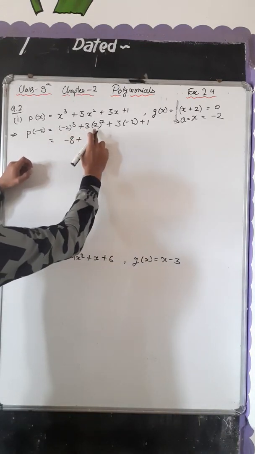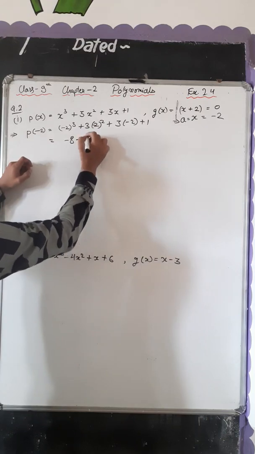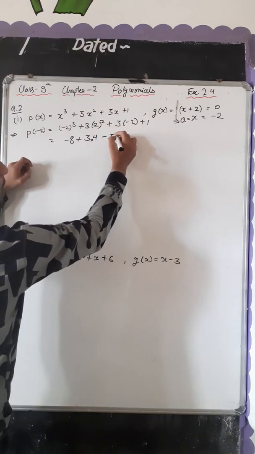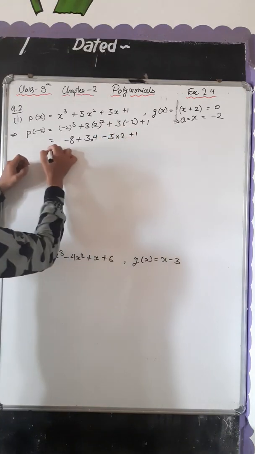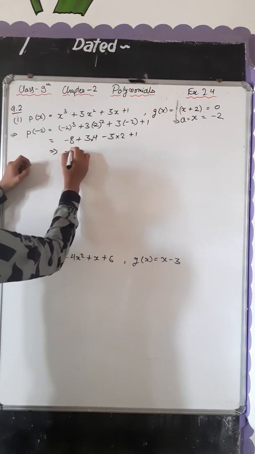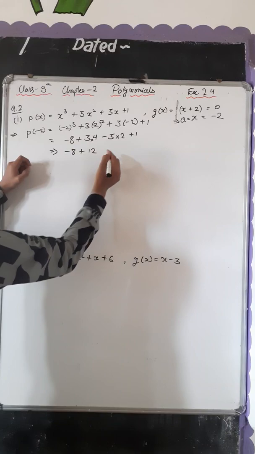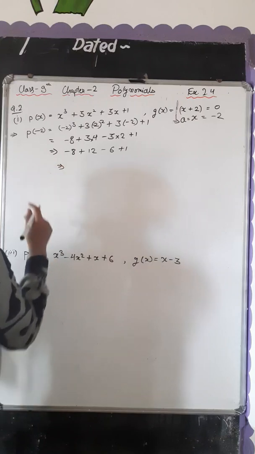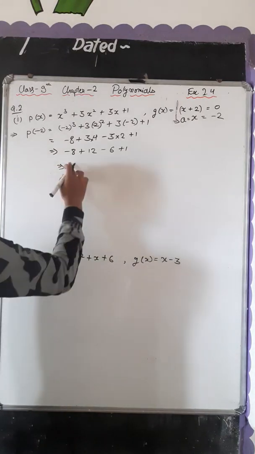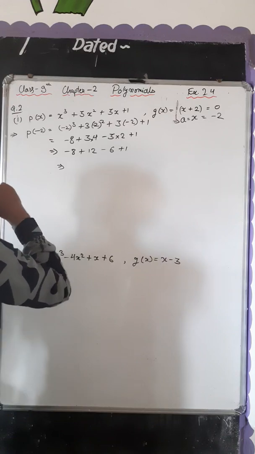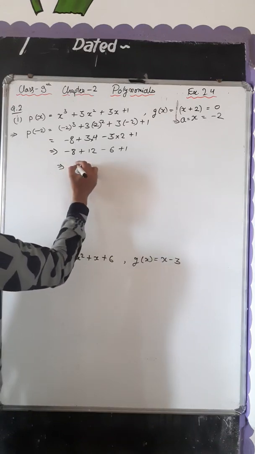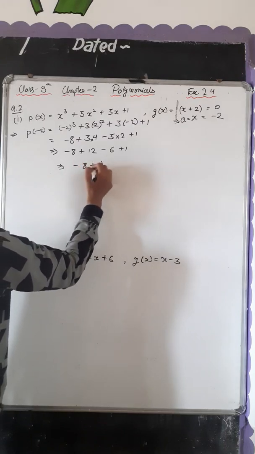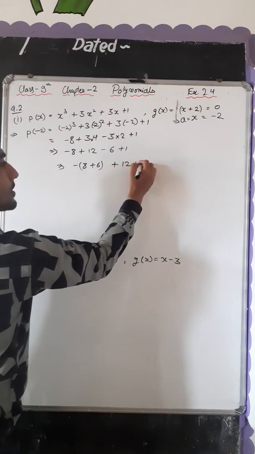Then minus 2 into minus 2 will be plus 4. 3 into 4, plus into minus will be minus 3 into 2, plus 1. This will be equal to minus 8 plus 12, 3 4s are 12, minus 6 plus 1. If you solve this, you will get minus 8 minus 6 and plus 12 plus 1.